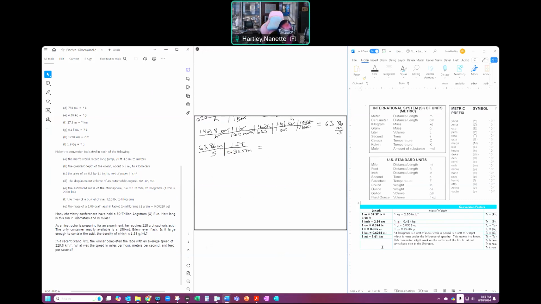So I'll divide this lovely number by 0.305. And that leaves me 209.4 feet per second. Okay. So there's that. Oh my God, that's it. We're done with that one.